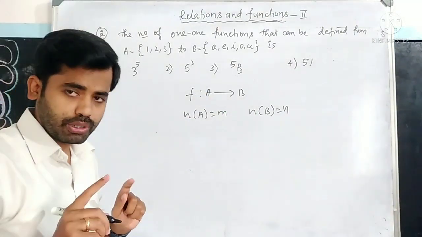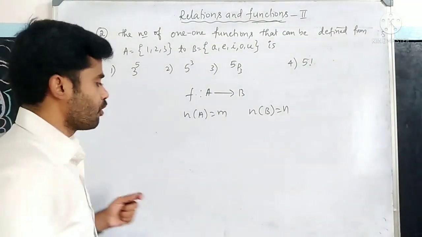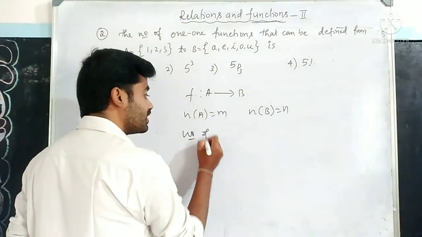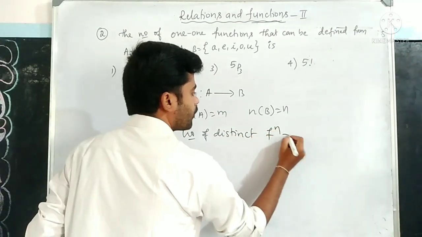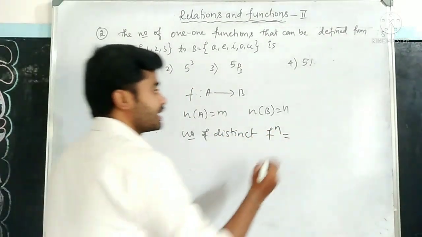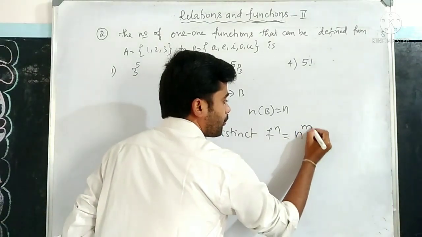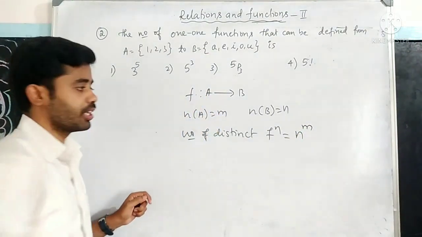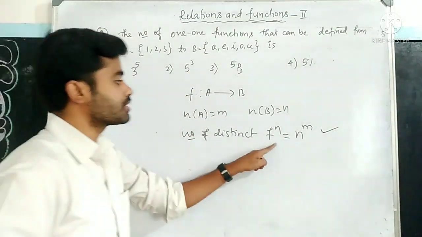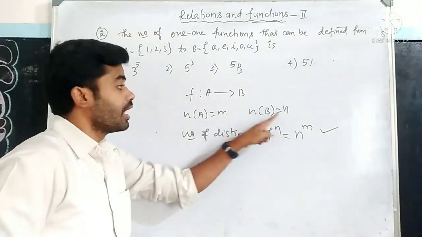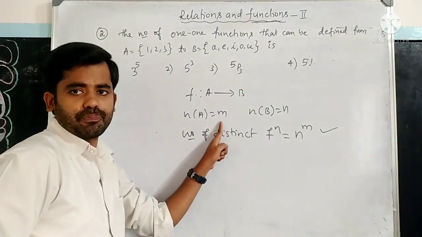The number of distinct functions I can make is n to the power of m. Be careful, it is very useful for you. The number of distinct functions from A to B is n to the power of m.